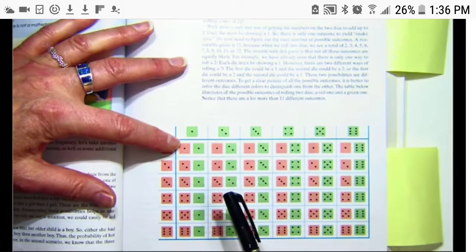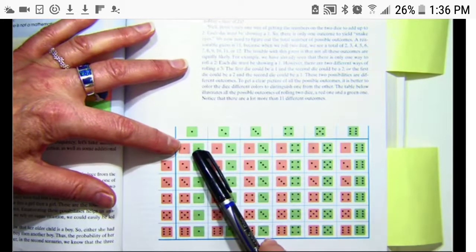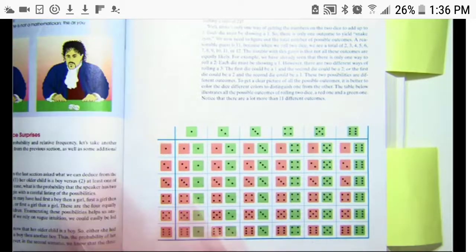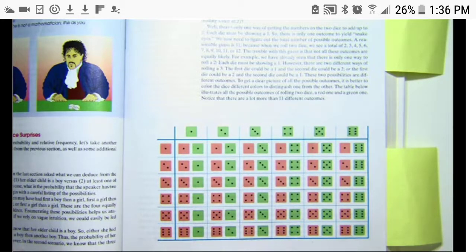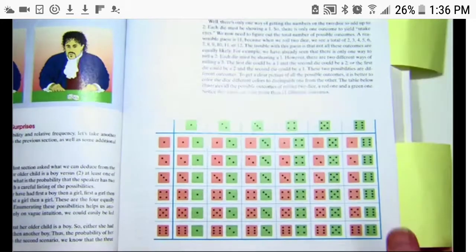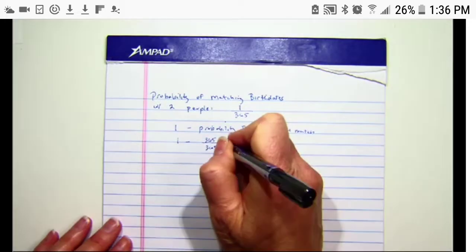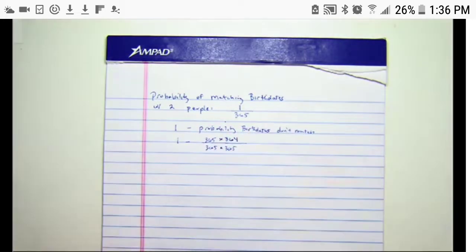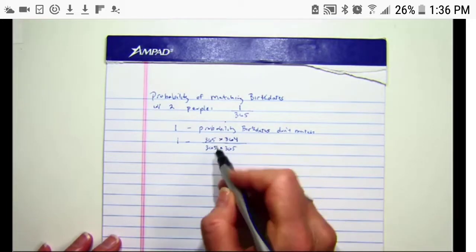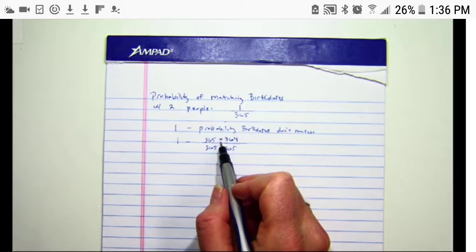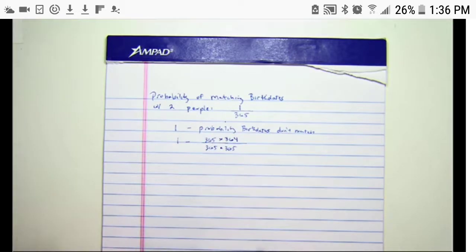Okay, so once a birthday is picked, we don't want that green person to have that birthday at all. And we do that for every single option for the red dice, or the red birthday person. So for every 365 choices for the red person, or red dice, we have 364 that we would choose from, so that we don't match the first person's birthday.